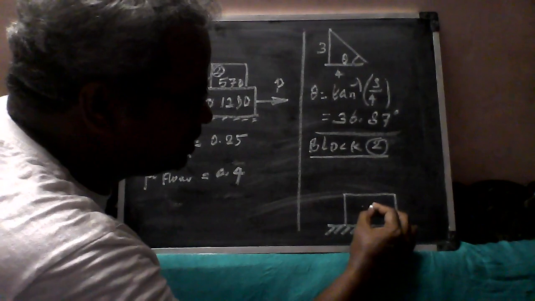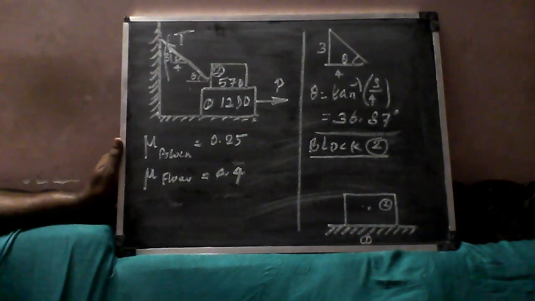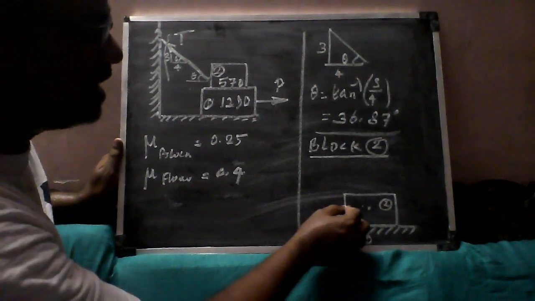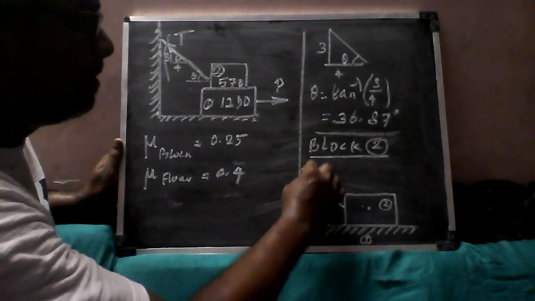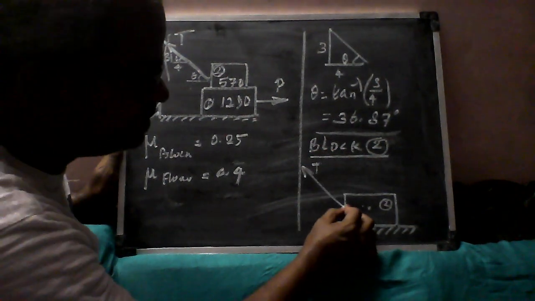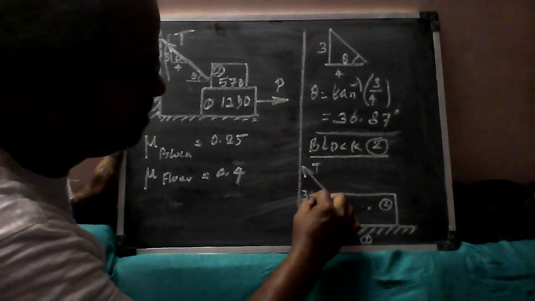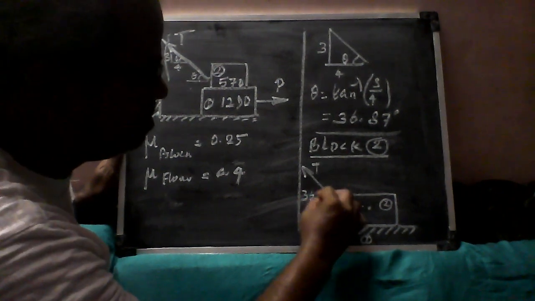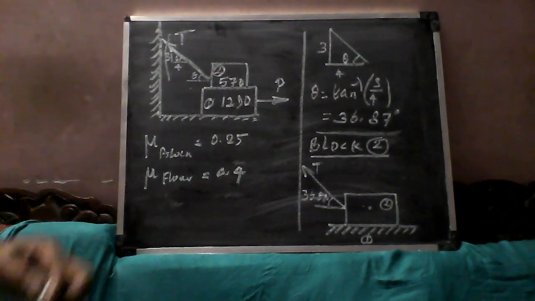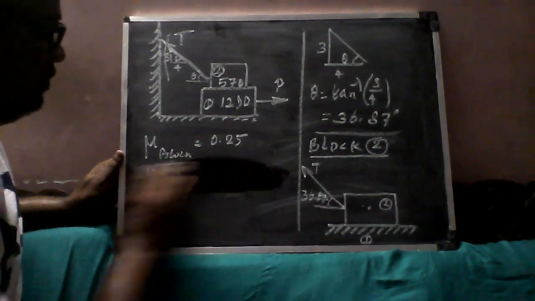This is having a weight of 570 newtons, and this block 2 is having a tension T like this with an inclination of 36.87 degrees. So this I am going to investigate first.